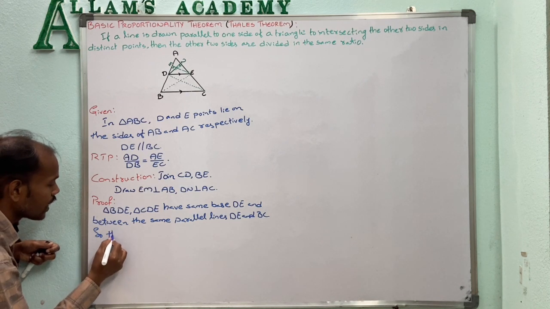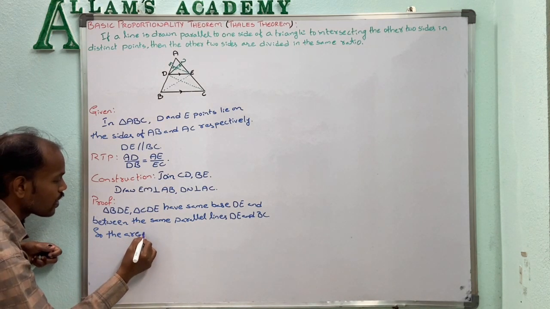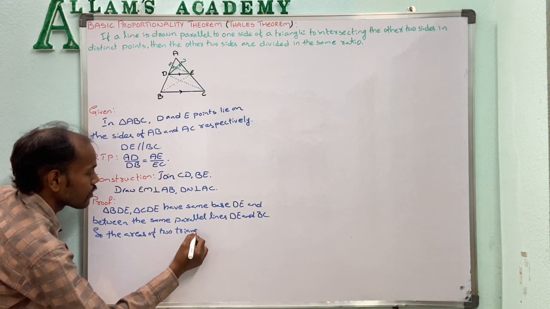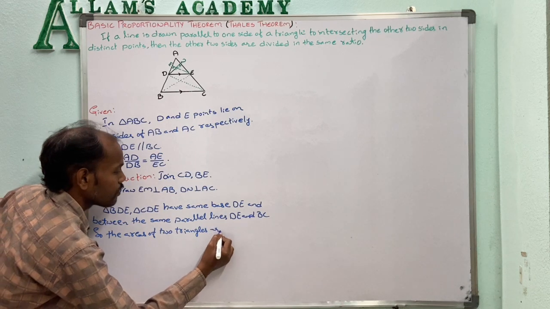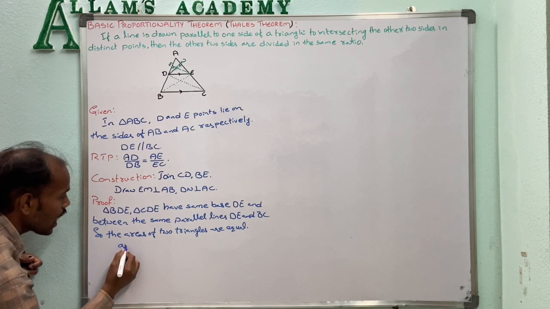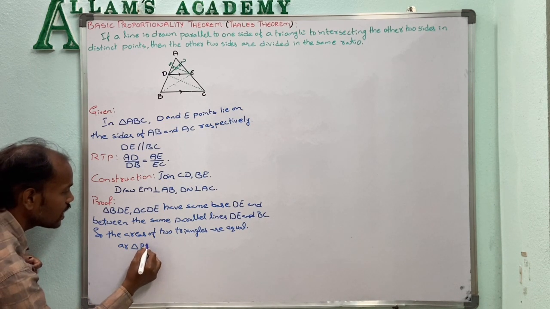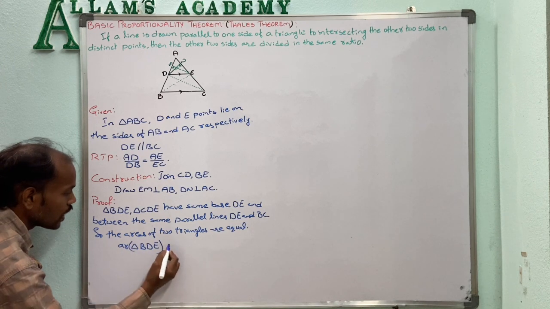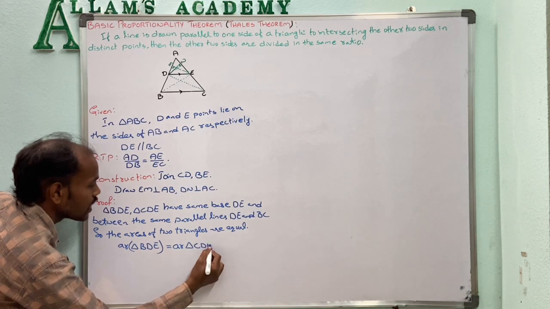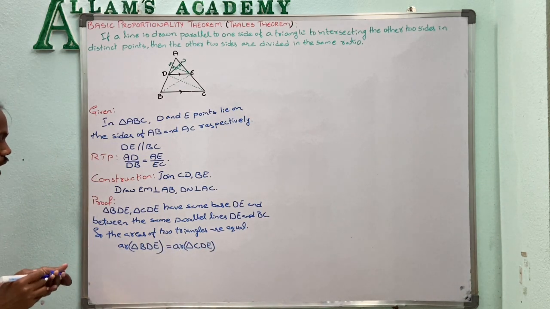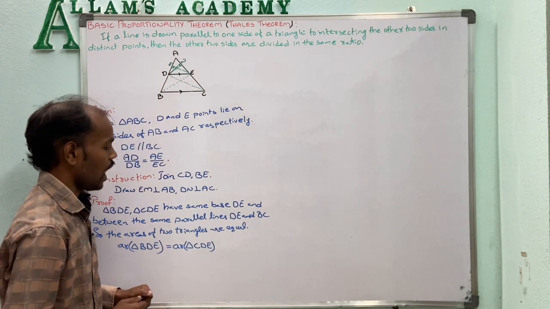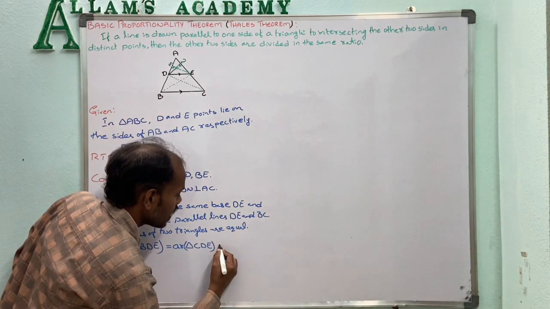So the areas of the two triangles are equal. So area of triangle BDE equals area of triangle CDE. Area of triangle BDE equals area of triangle CDE.